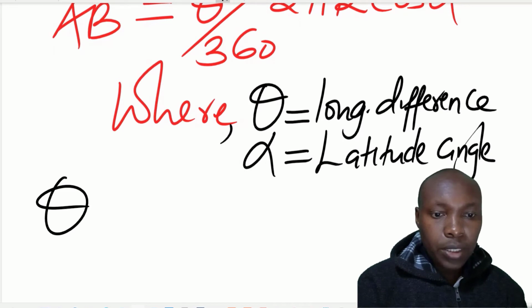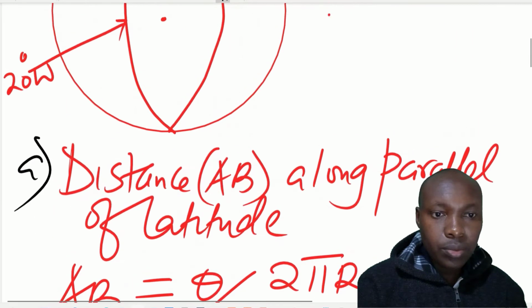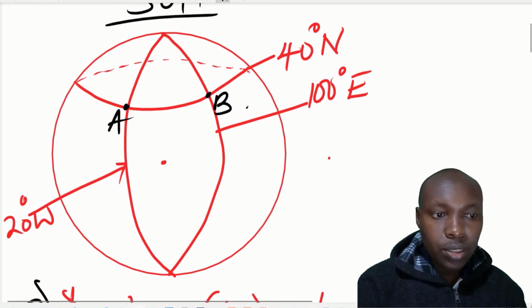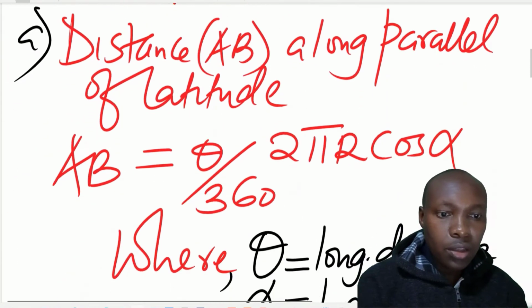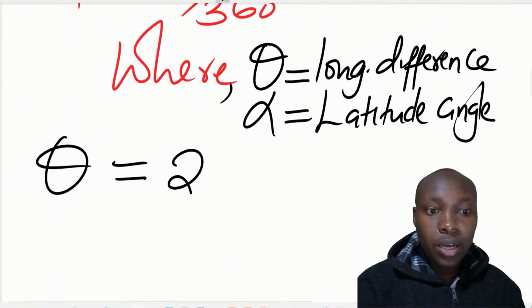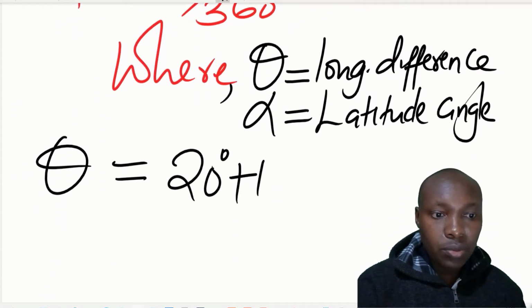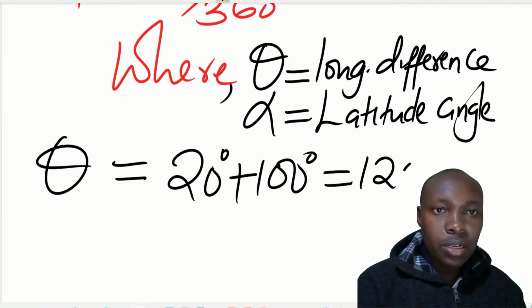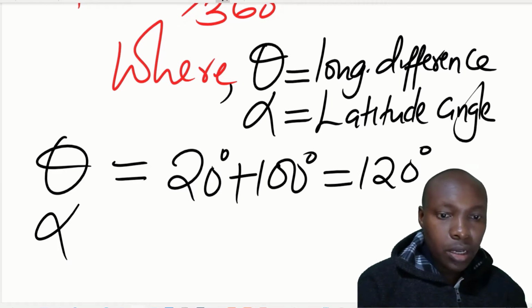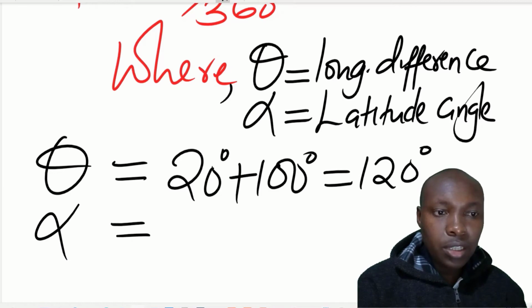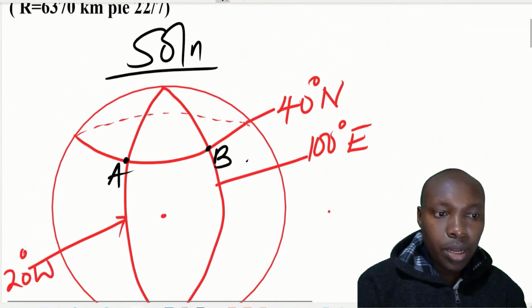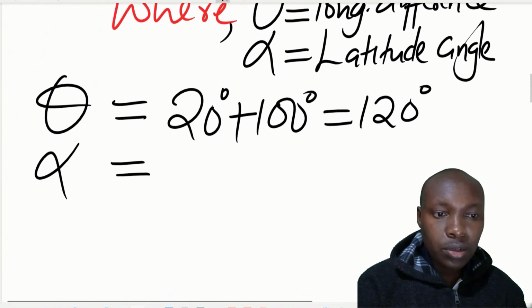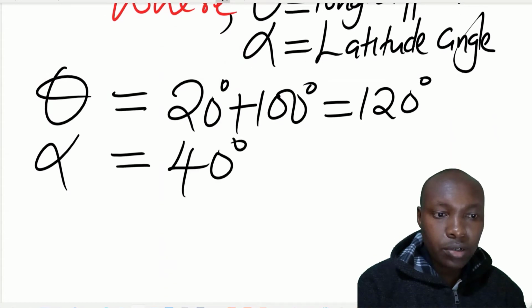To get the longitude difference, you can see one is 20 degrees west, the other is 100 degrees east. Where both points are on opposite sides, we add. That gives us 120. The latitude angle is the common latitude where both of them lie, 40 degrees north. So alpha is 40 degrees north.